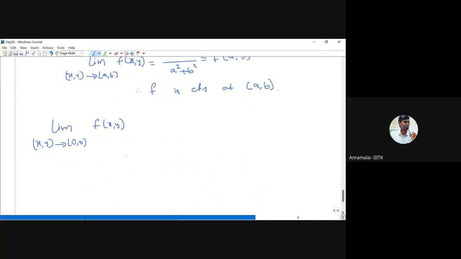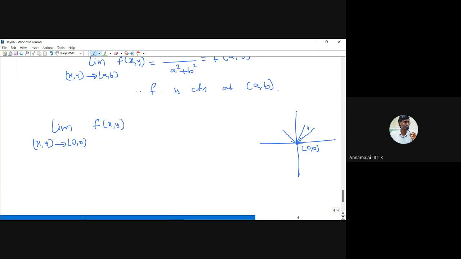We have to approach the point 0 comma 0, and there are infinitely many ways. If you look at the plane, this is the point 0 0, and there are so many ways to approach this point. If we take this straight line, it also approaches 0, or any straight line.